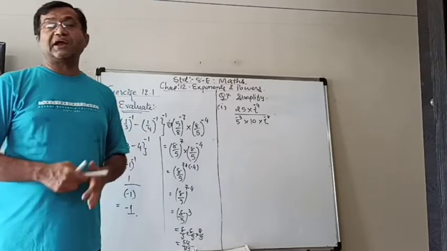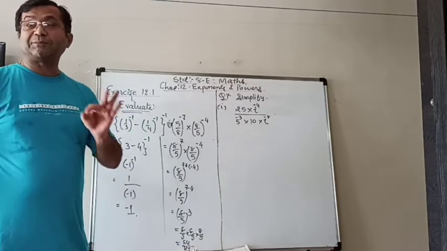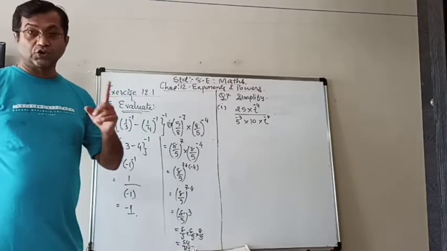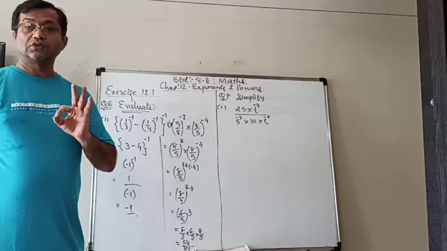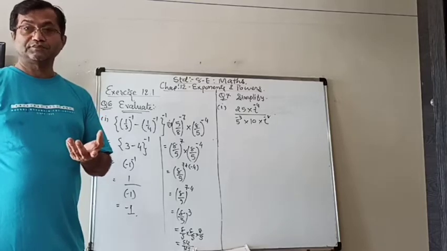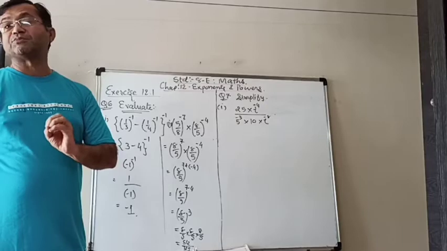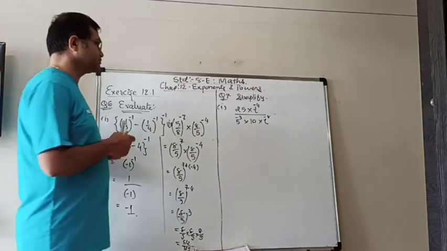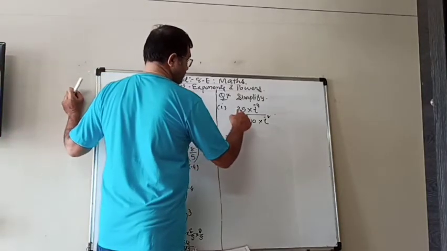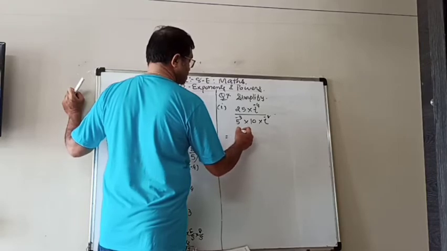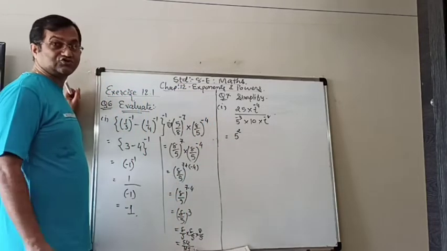Whenever there are big numbers which are not prime, I told you that we have to convert them into powers of smaller prime numbers. Now we know that 25 means 5 raised to 2. 5 squared is 25.